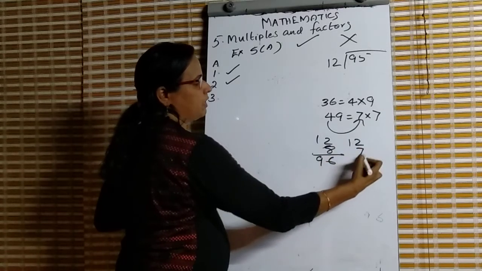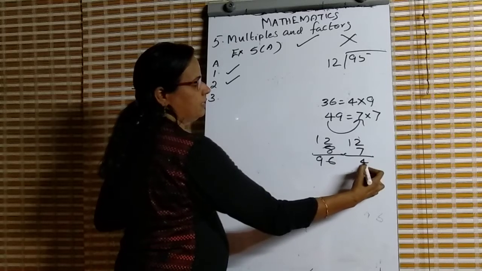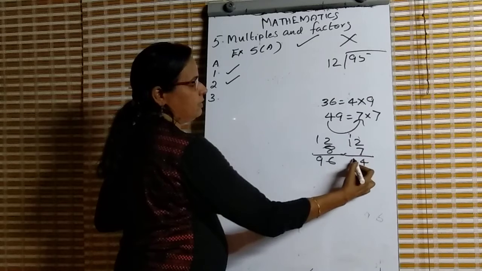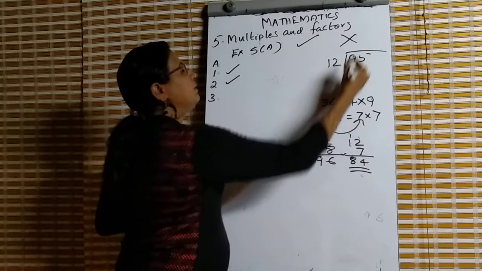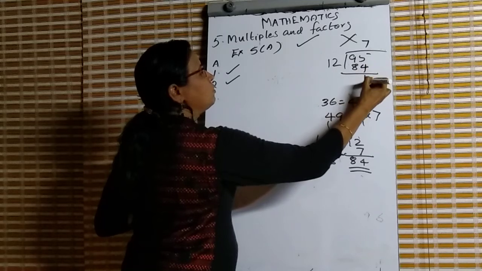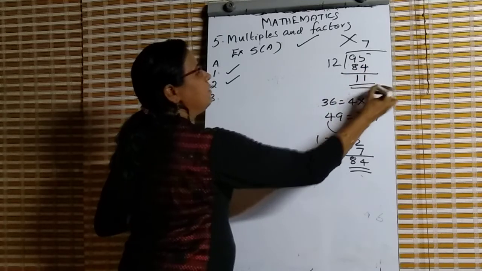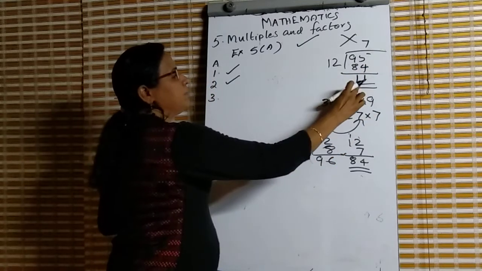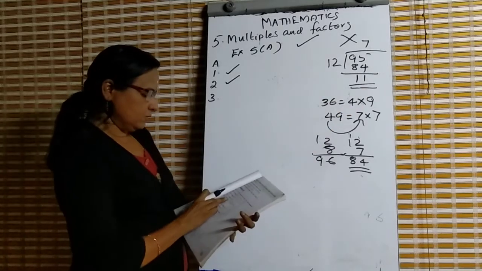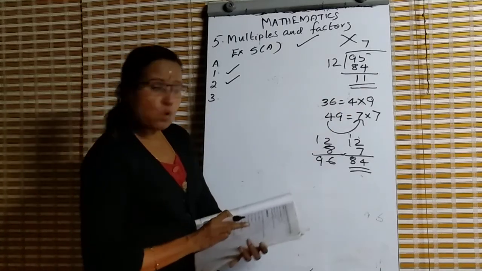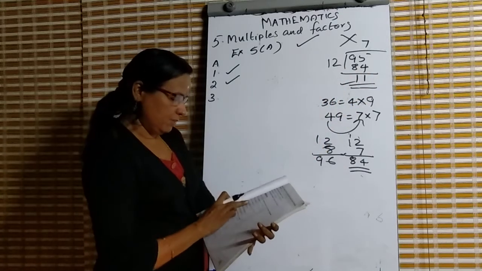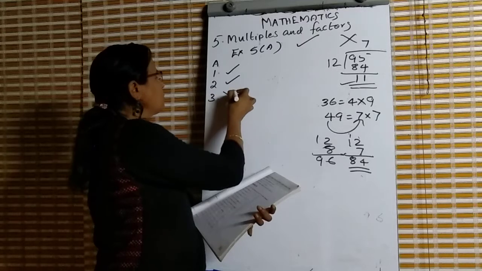And 12 into 7, 84. 95 minus 84, the remainder is 11. So 95 is a multiple of 12 is wrong. Here we get the remainder 11.